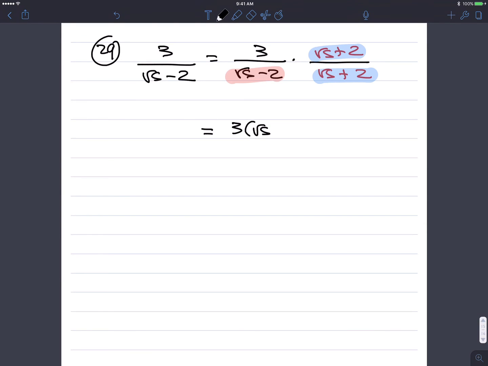So, here we go. 3 times the square root of 5 plus 2 over the square root of 5 minus 2 times the square root of 5 plus 2. Let's actually clean this up a bit.